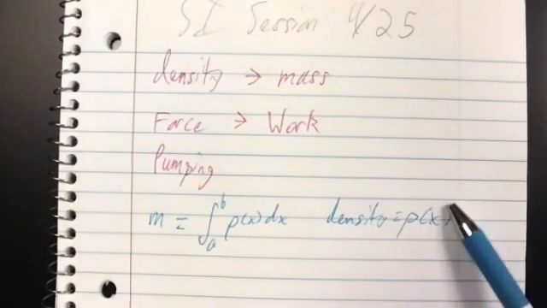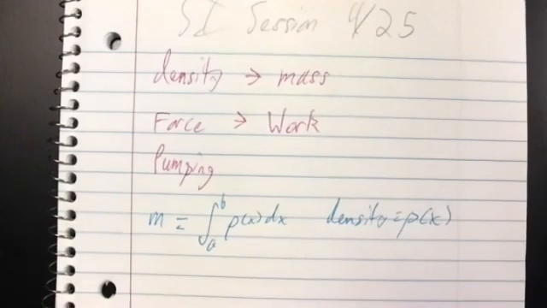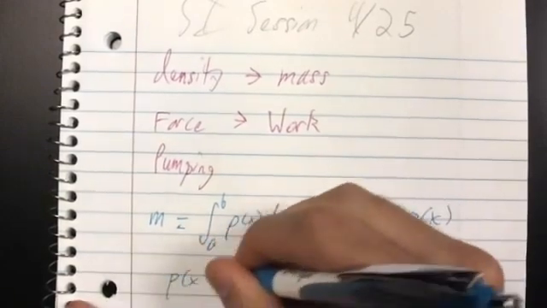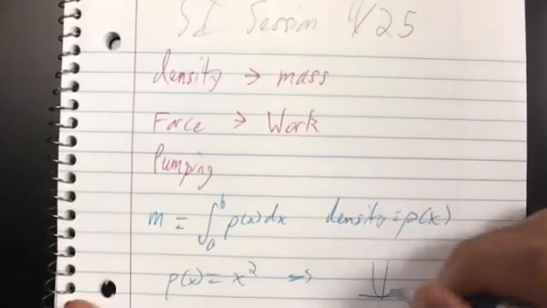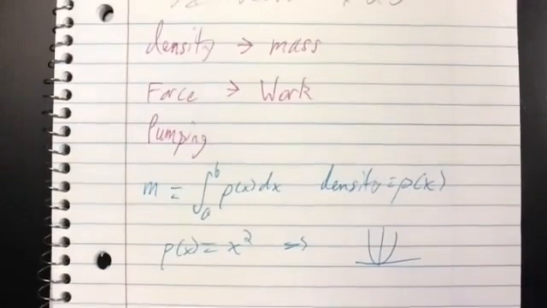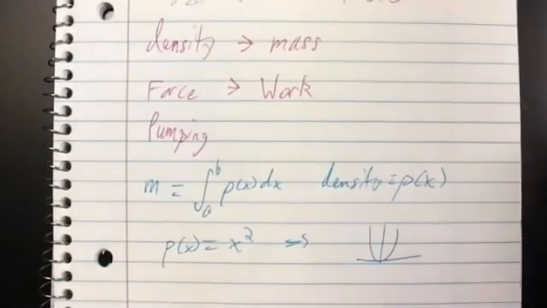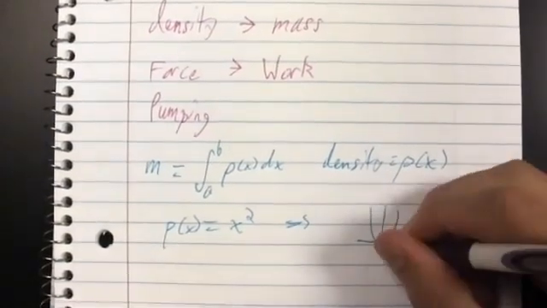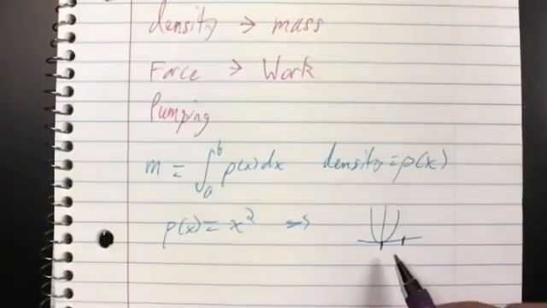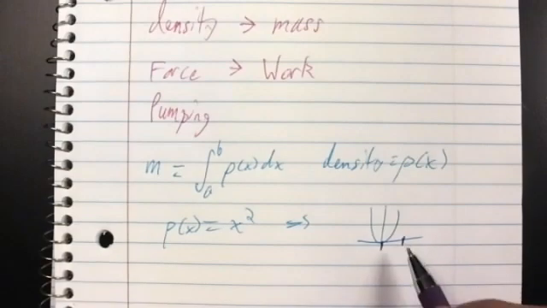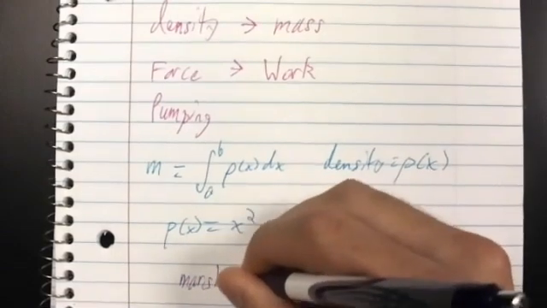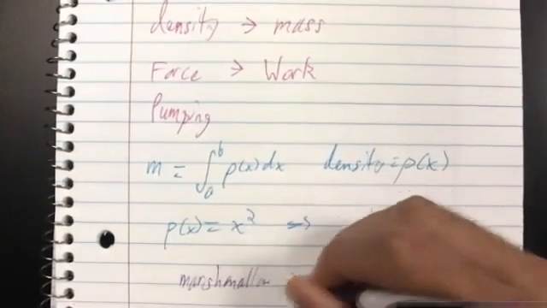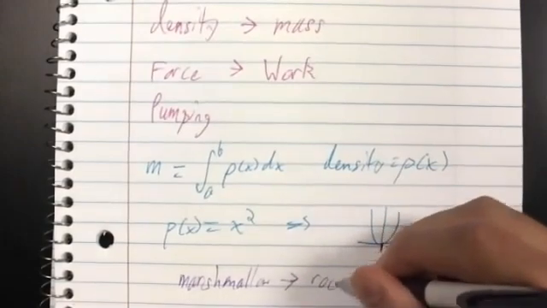And then this function basically is just, if our rho of x was x squared, well that looks like this, right? We'll say that we're only looking at the interval from here to here. Well, that would mean our density is really low here, but really high here. So that would be marshmallow to rock, right?